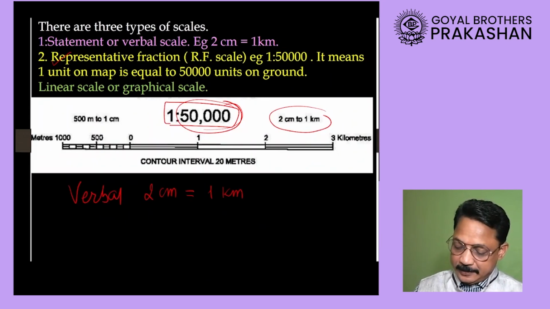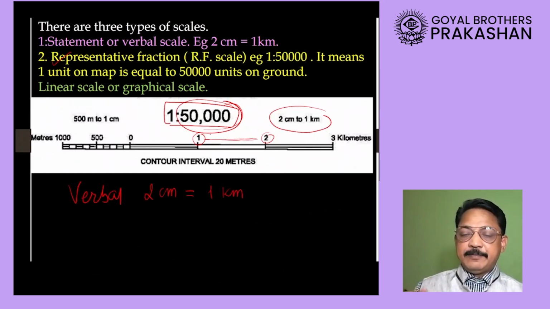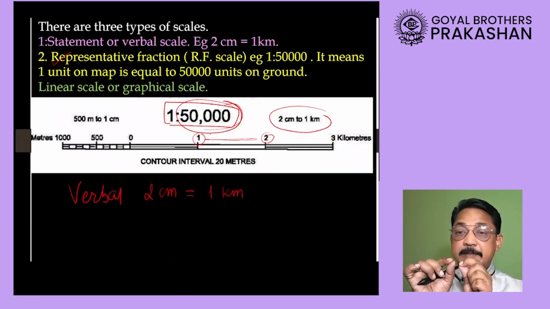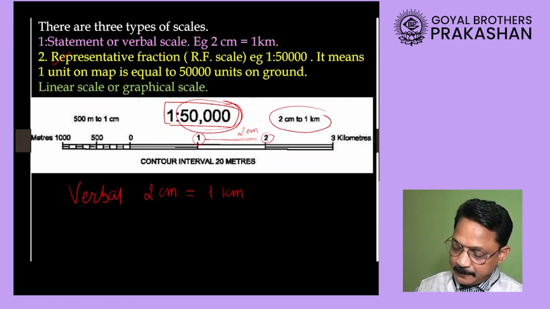Similarly, here a distance is shown, dear students, between 1 and 2. Here is a kilometer. So if I keep my actual scale here, and whatever distance I find using my scale, suppose that distance between the 2 points here is 2 centimeter. So I find here is 1 to 2.